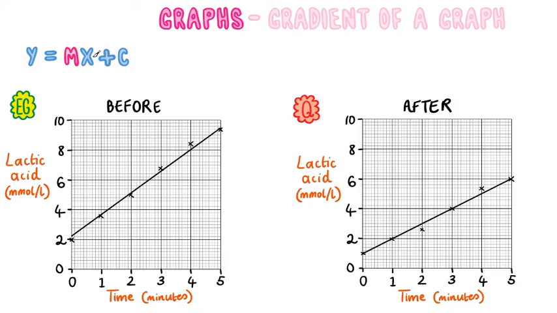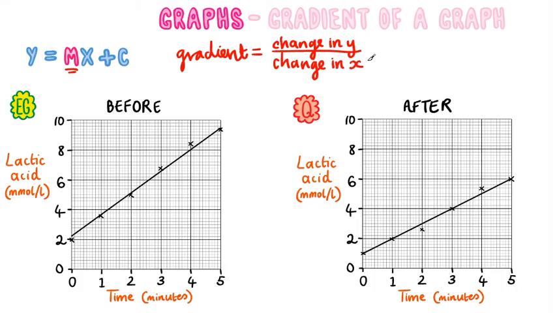Now we're going to look at how you can work out the gradient of a graph, which is the m part of the y equals mx plus c equation. The gradient is worked out by dividing the change in y by the change in x. So you just need to make a triangle out of your graph and then divide the y value by the x value.